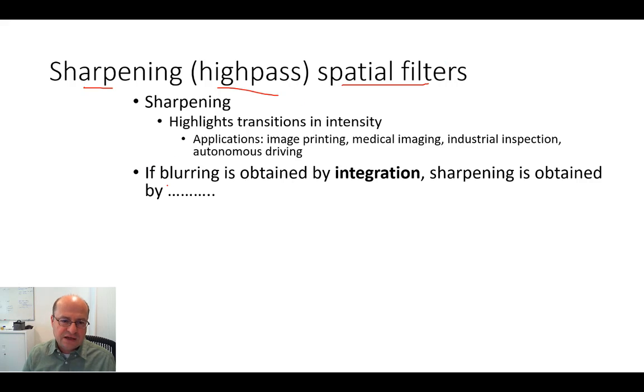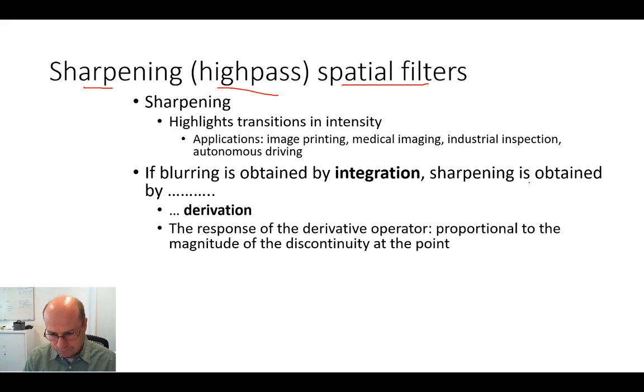As I said in the previous slide, if blurring is obtained by integration, sharpening is obtained by derivation. The sharpening will be obtained as a response to the derivative operator, and the response of the derivative operator is going to be proportional to the magnitude of the discontinuity at that point.